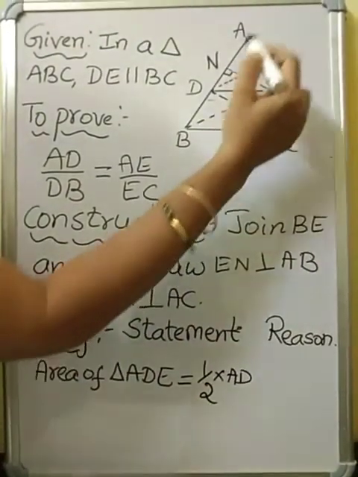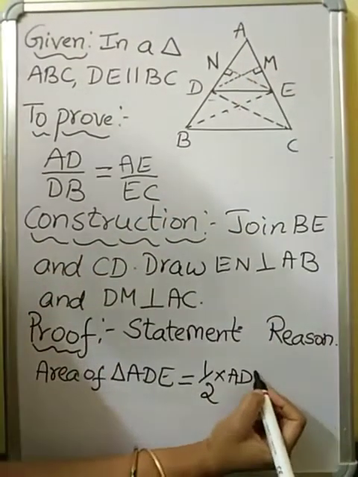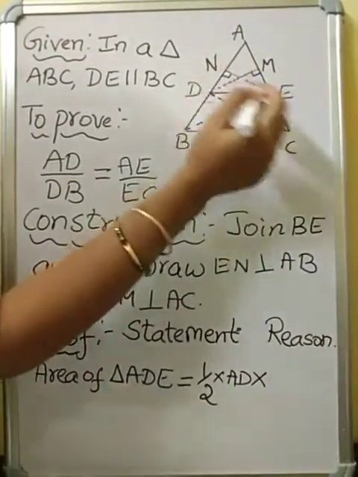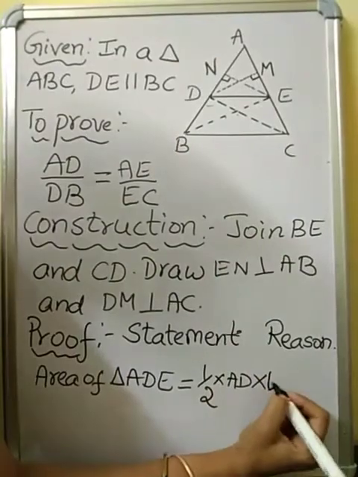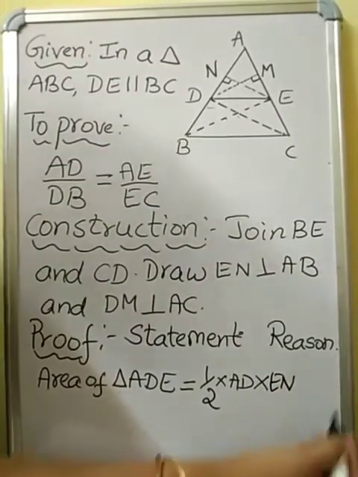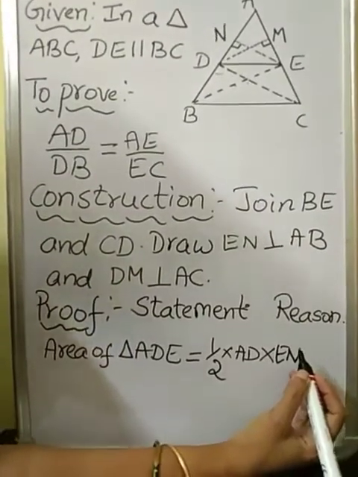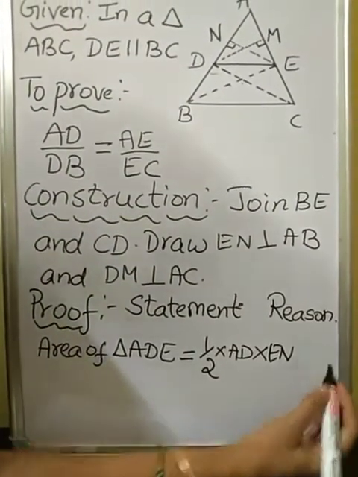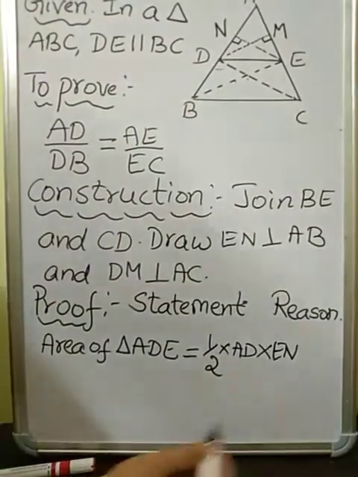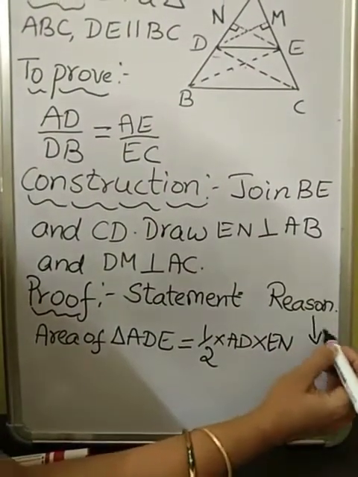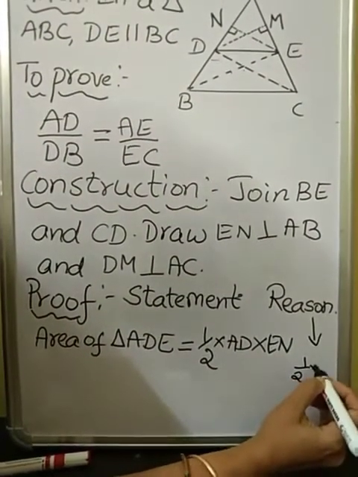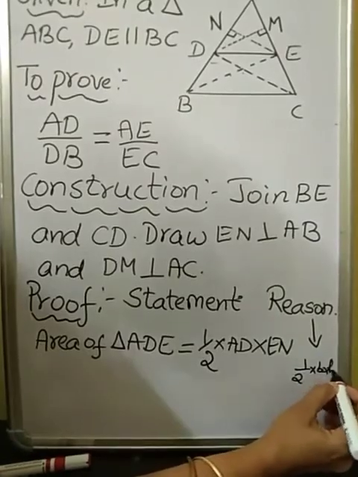Half into AD, the smaller triangle's base, into height. Which is the height here? That is EN. So the reason is that the area of a triangle is given as half into base into height.